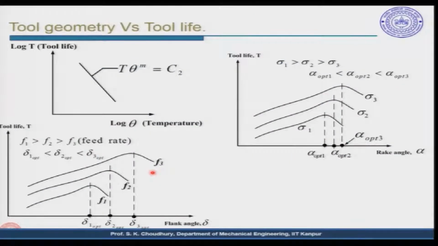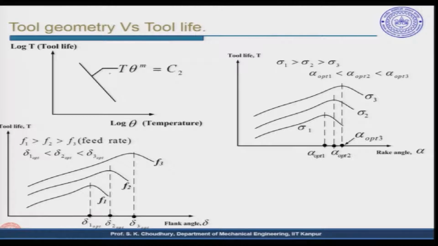For example, here, these are the curves that I have shown earlier; this is a similar curve to the tool life and cutting velocity we have seen earlier. Here, since on the tool life we have the effect of cutting velocity, feed and depth of cut, together they will increase the cutting temperature.